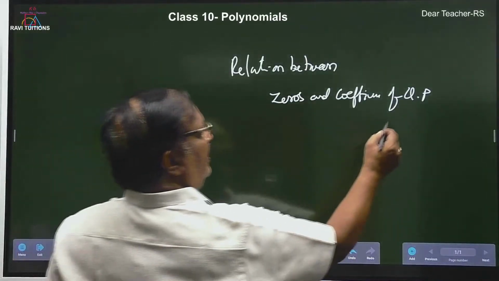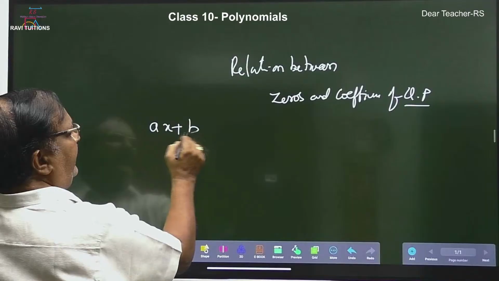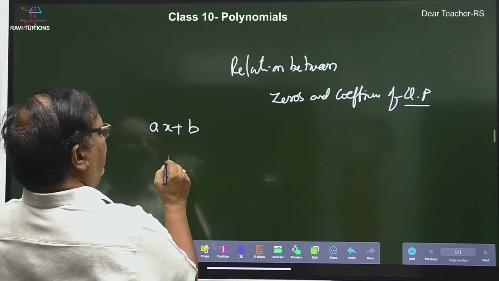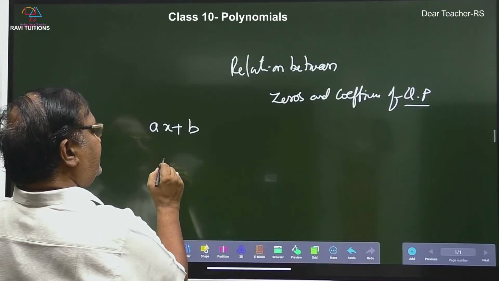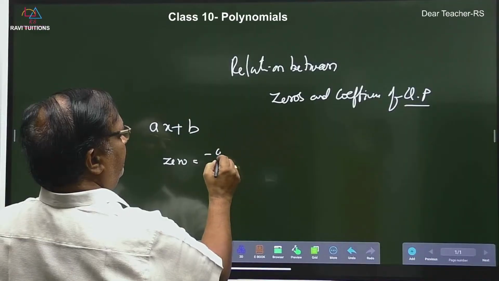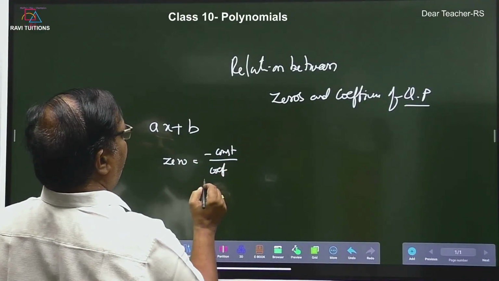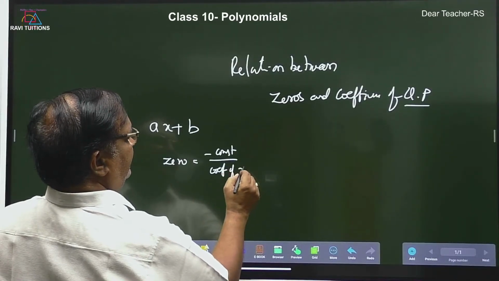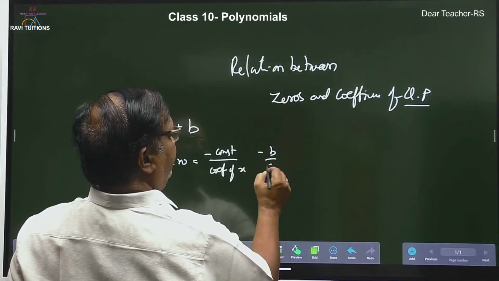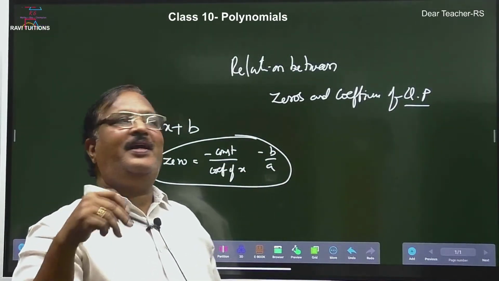It's not only quadratic polynomial, even if you are taking ax plus b, it is a linear polynomial. So what is the zero? Zero is equal to minus b by a, minus constant by coefficient of x. Okay, this is minus b by a. This is the relation between zero and the coefficients.